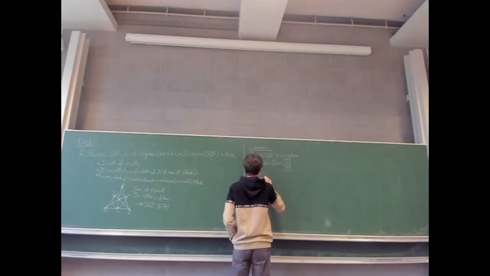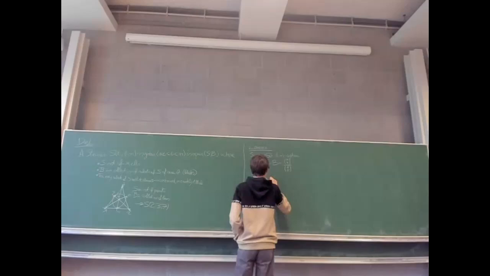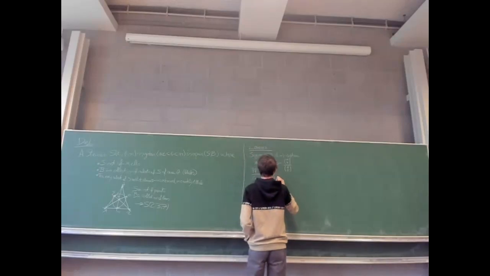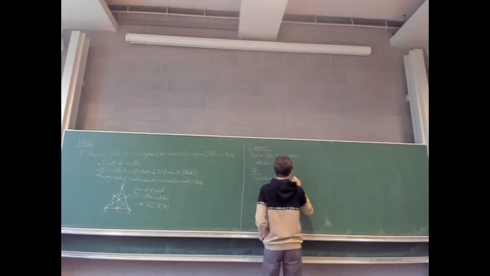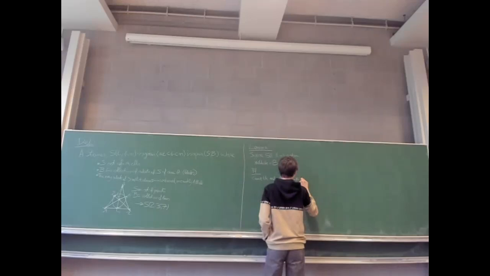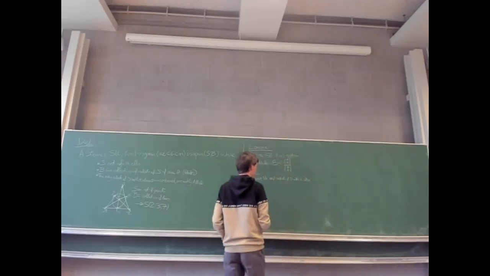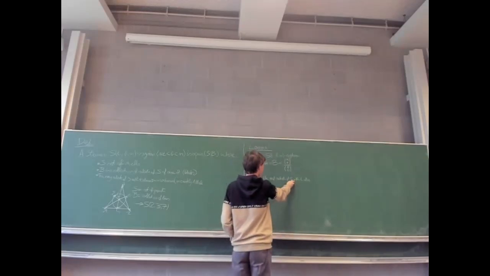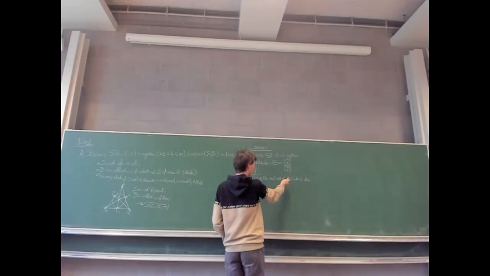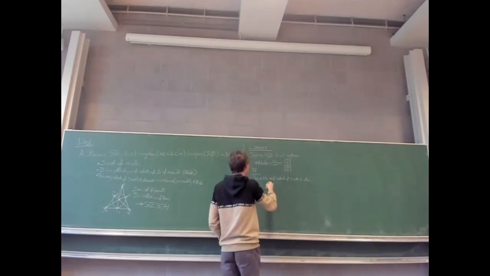It's just a relatively straightforward counting argument. We will count the number of subsets of S with exactly t elements. And we can do this in two different ways. We know that S is a set with n elements. So one way is just n choose t by definition.